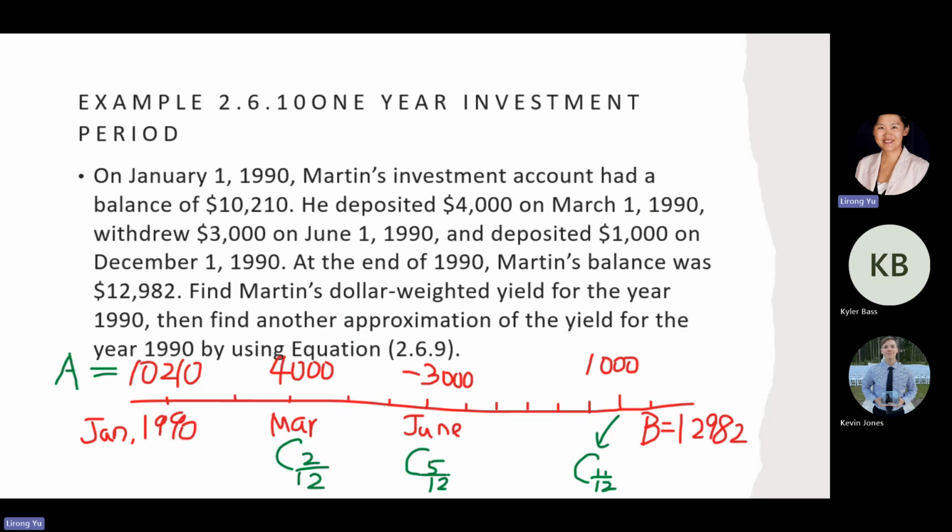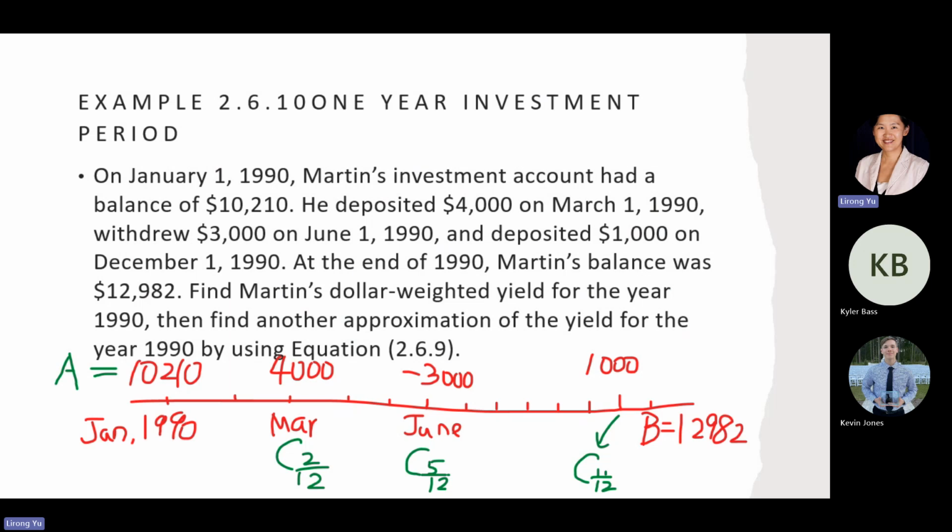What about all the middle? The deposit of 4,000, withdrawal of 3,000, and deposit of another 1,000. These are all C, right? So we have three C numbers: C 2/12, C 5/12, C 11/12. I'm using the time as an index for all those contributions. Hopefully the timeline below explains all those cash flows.